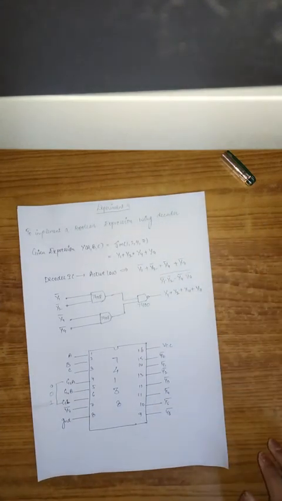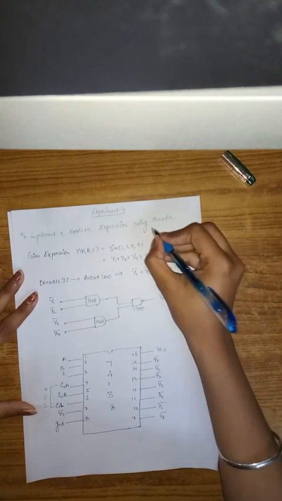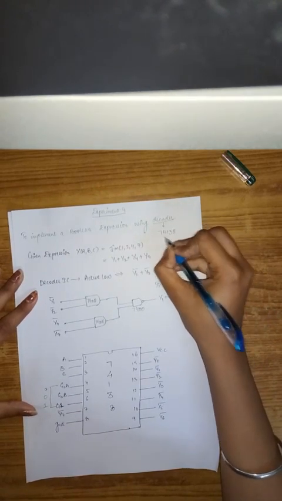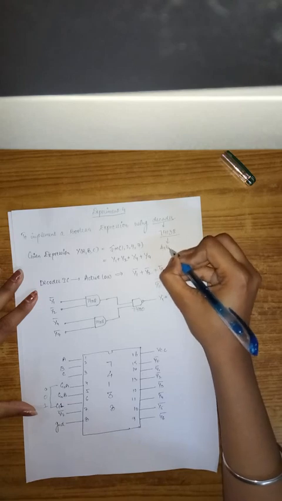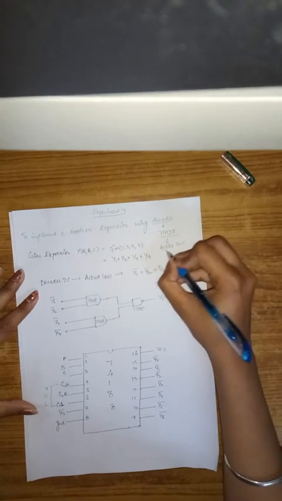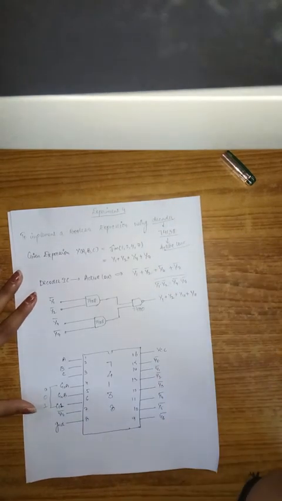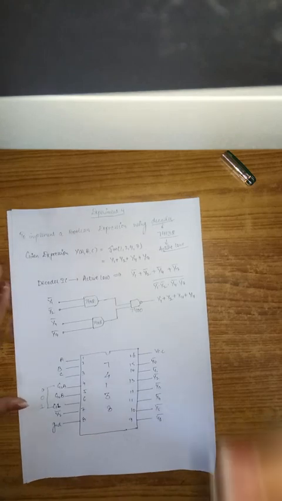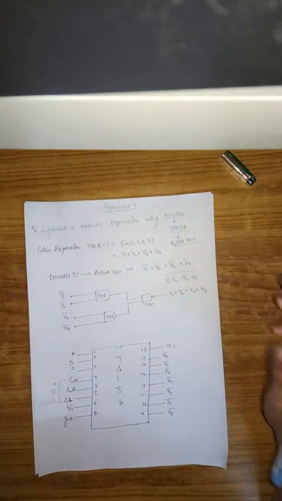We will require a decoder IC. The decoder IC which we will be using is 74138, and the 74138 is an active low IC. Now what do we mean by an active low IC? Active low IC means that the signals that are 0 represent a higher state, and the signals which are 1 represent a lower state in this IC.